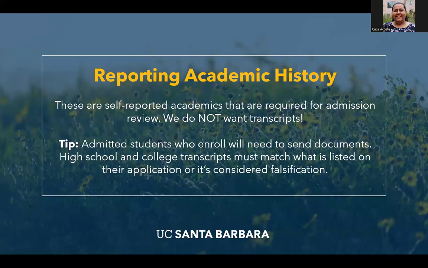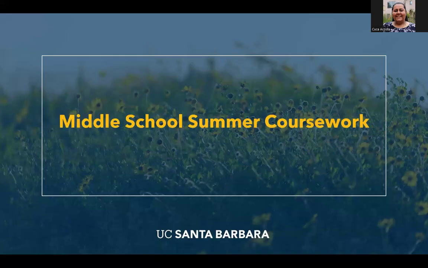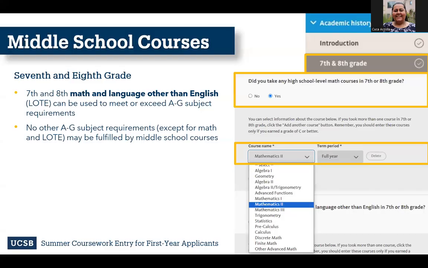So let's dive into how students can report their middle school coursework that they might have completed, but more specifically in the summer. Now, as a reminder, we are going to be giving consideration to 7th and 8th grade mathematics and language other than English to count towards the fulfillment of those A through G subject areas.